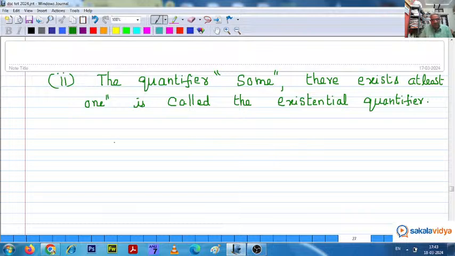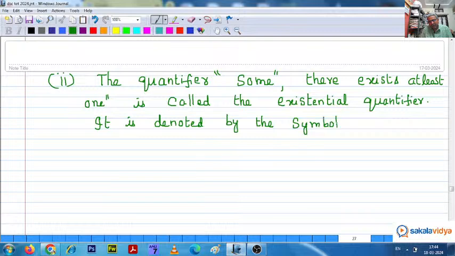It is denoted by the symbol. This is called for some, or there exists at least one.